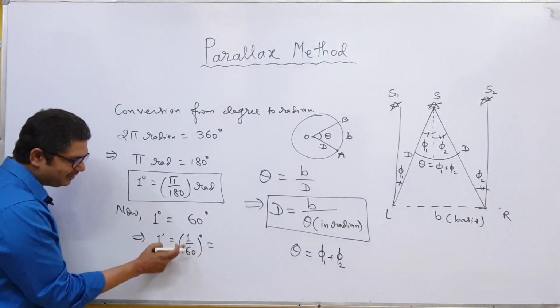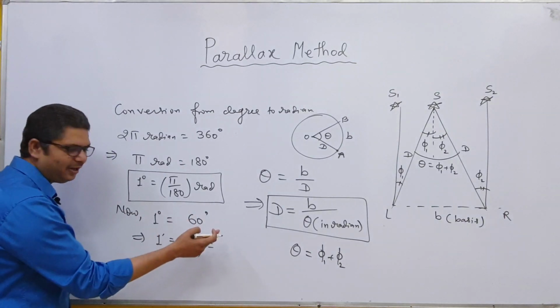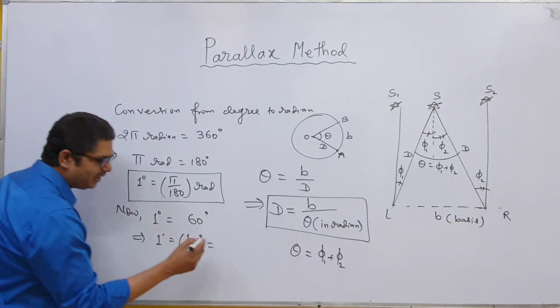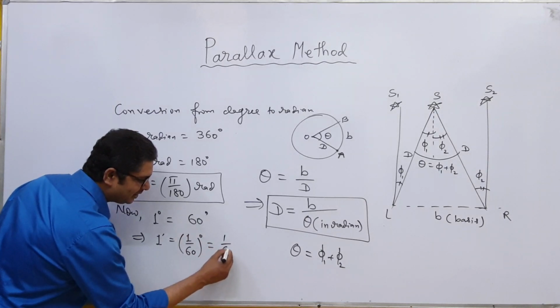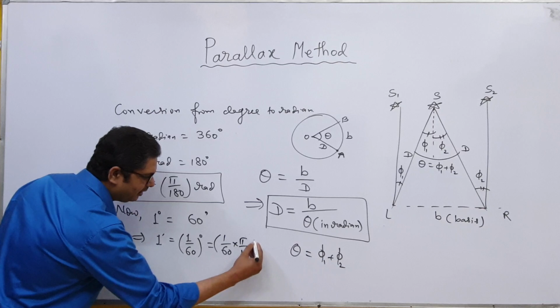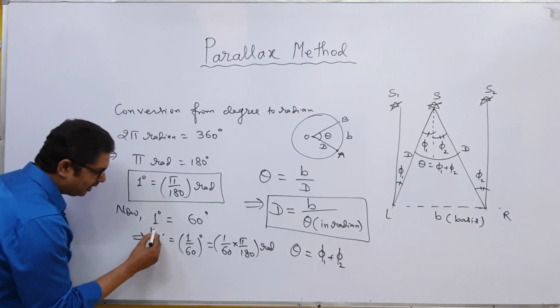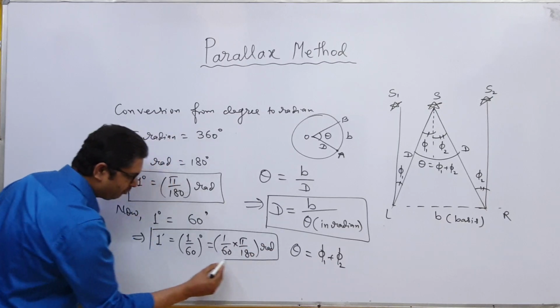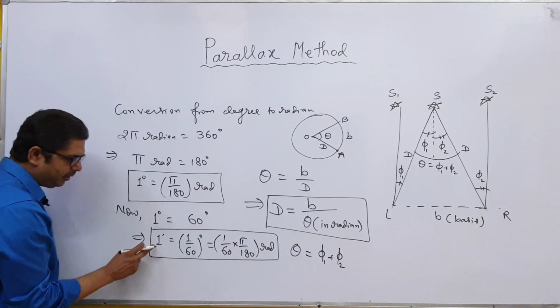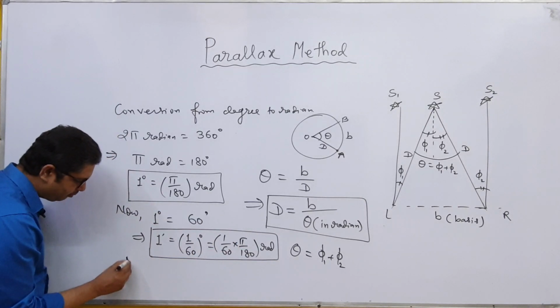So 1 by 60 degree is equal to 1 by 60 into 1 degree. 1 degree equals pi by 180. So you can write 1 by 60 into pi by 180 radian. Now this is the conversion between minute to radian.